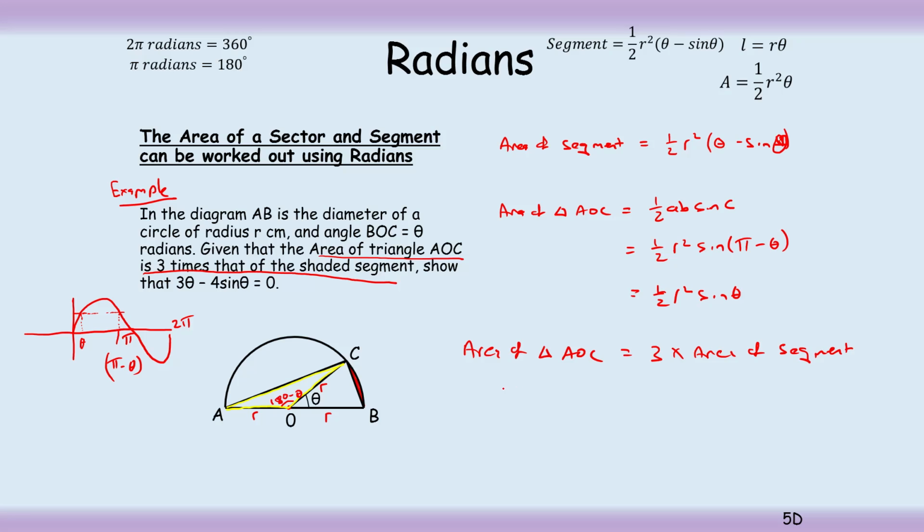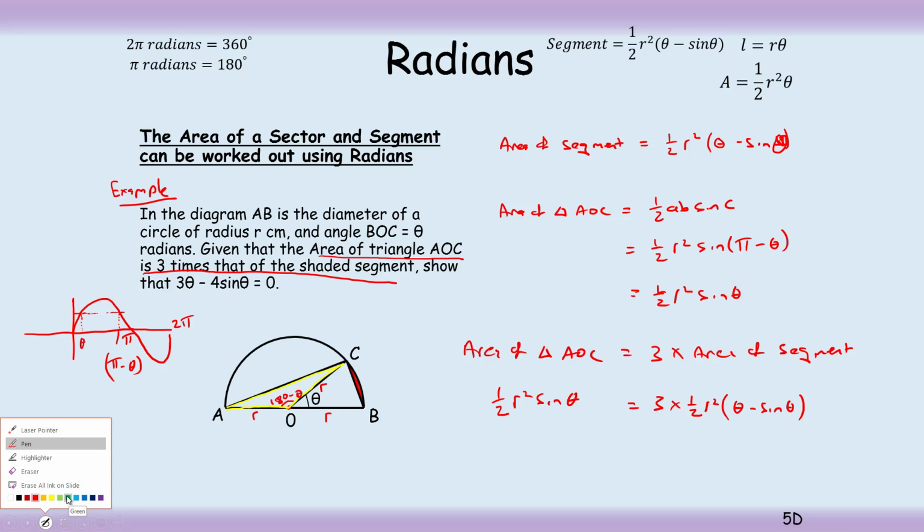So that means a half r squared sine theta is equal to 3 times a half r squared of theta minus sine theta. Okay, so I can cancel some of the things that are the same on both sides. Let's get a different color pen. Let's go green again. So I can cancel the r squareds. I can also cancel the half.